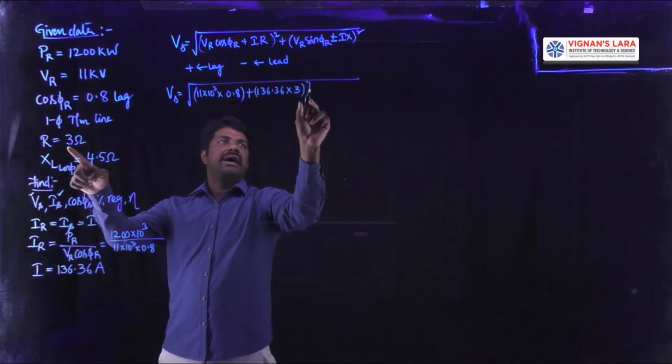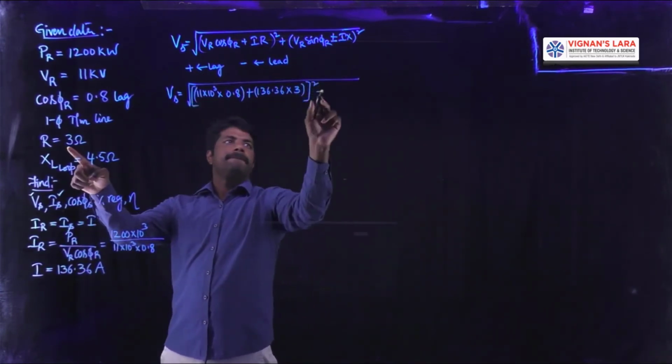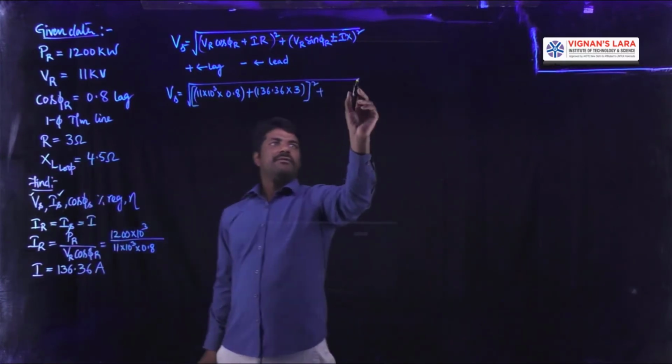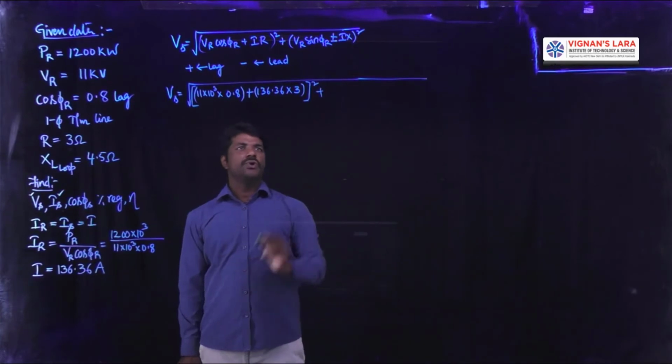This entire part whole square, plus VR sin phi r plus I into X, whole square.